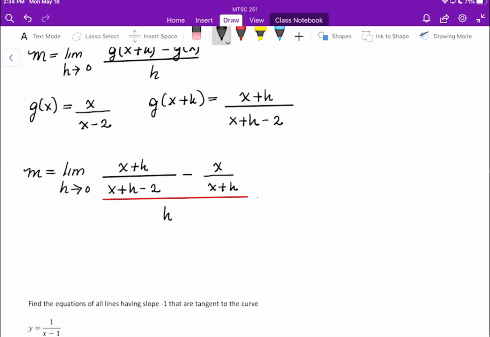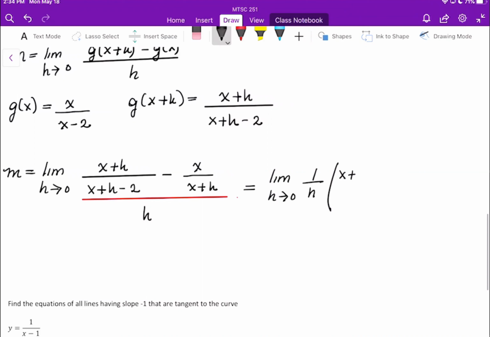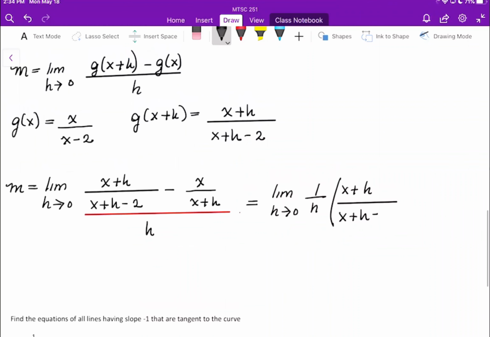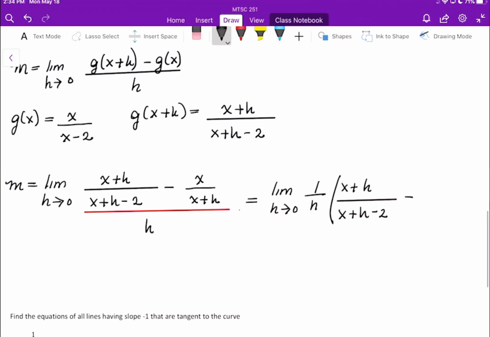We can conveniently say that when we divide by h, it's the same as multiplying by 1 over h. So this is then the limit as h approaches 0 of 1 over h times the quantity x plus h divided by x plus h minus 2 minus x over x minus 2.